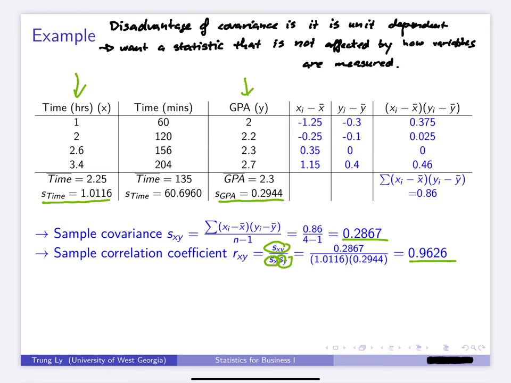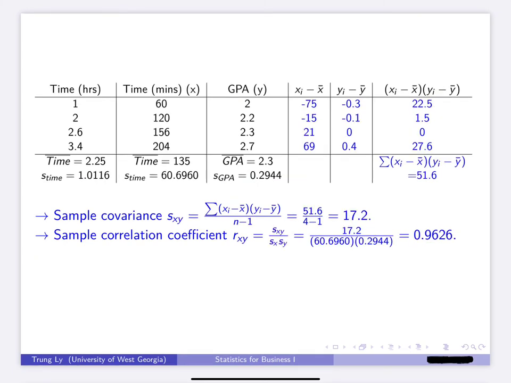Now, we said that the relationship should be the same if we measure time in minutes. But when we calculated the covariance between time measured in minutes and GPA, we got 17.2 as the answer. Let's now compute the correlation coefficient though.